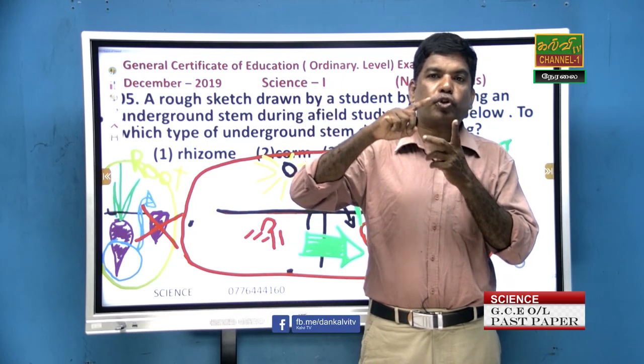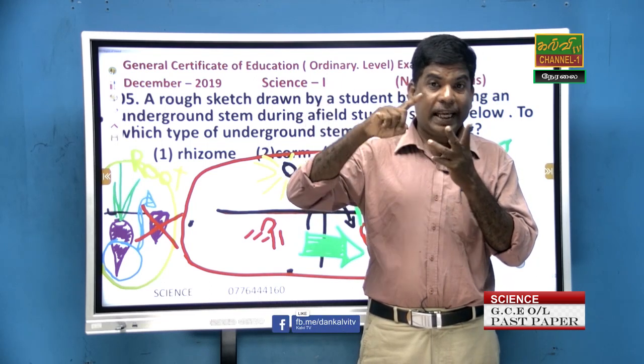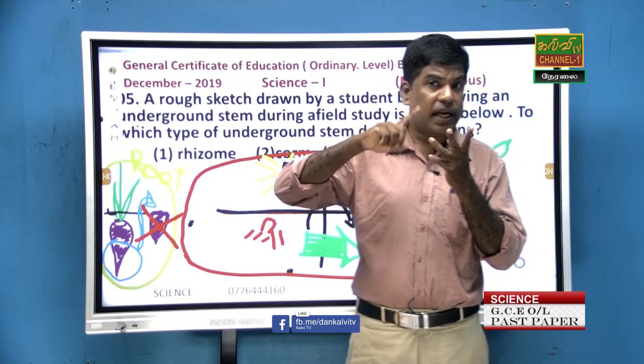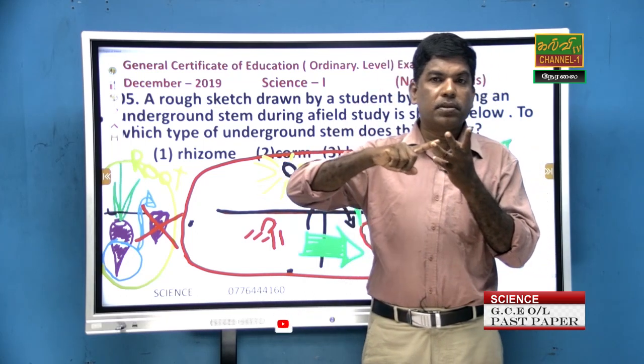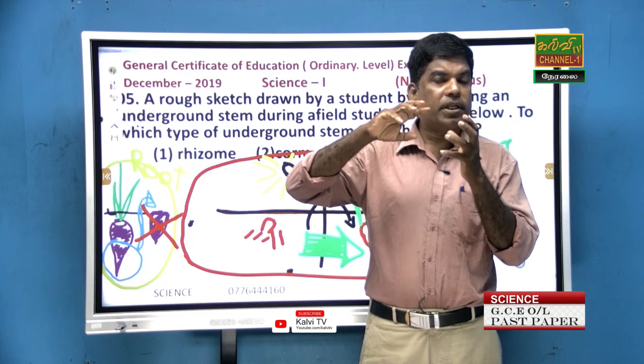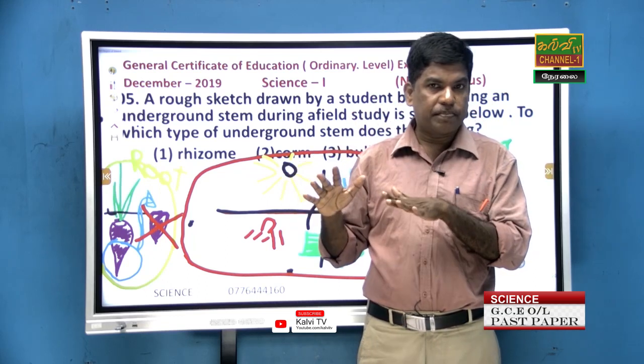The underground stem also stores food. It can survive unsuitable climate. These are very important points of the underground stem.